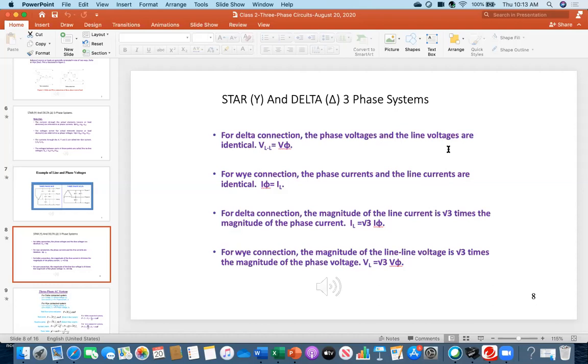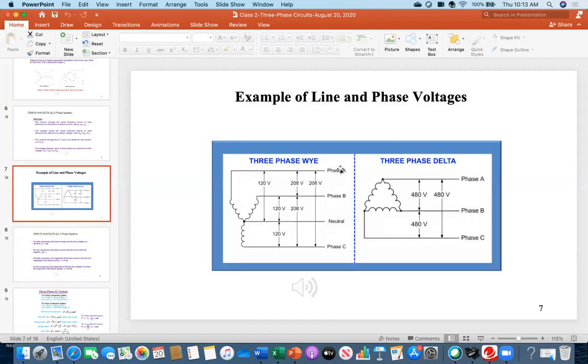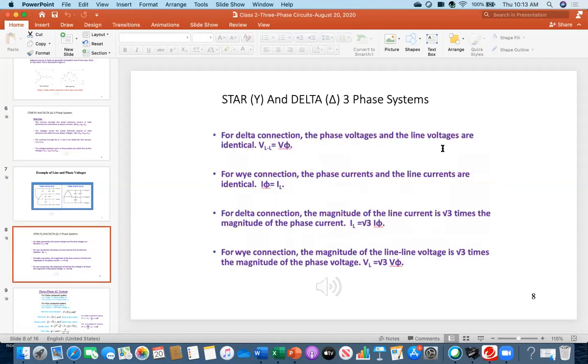Now in literature, frequently just line voltage is used, but line voltage means line to line voltage. Line means this is one line, this is another line; although these are written as phase A, phase B, phase C, basically this is one line, this is another line. When the voltage is between two phases or between two lines, that is simply called the line voltage.